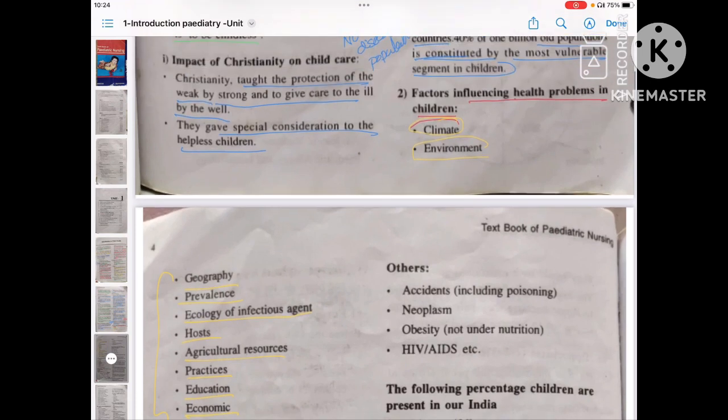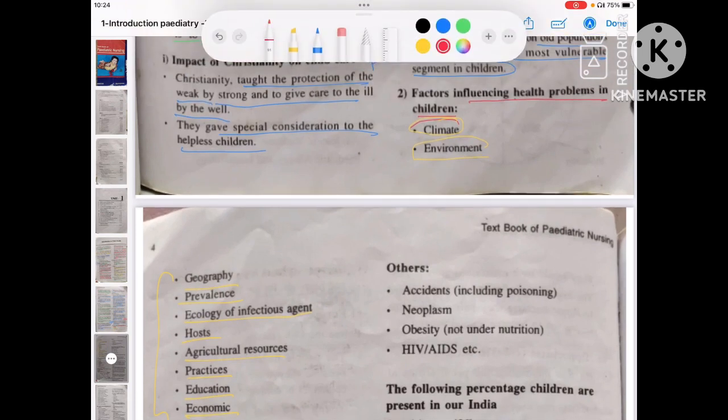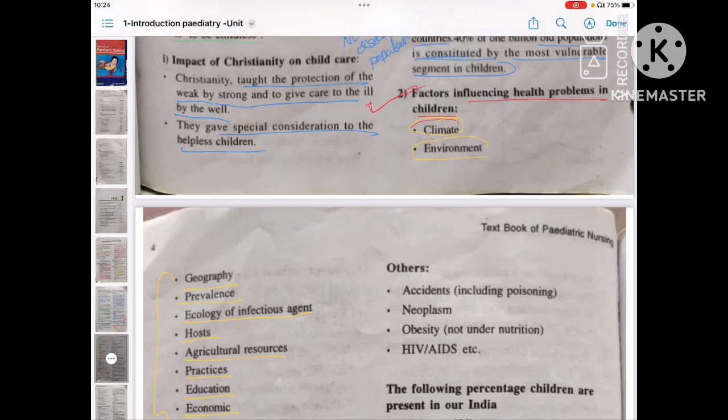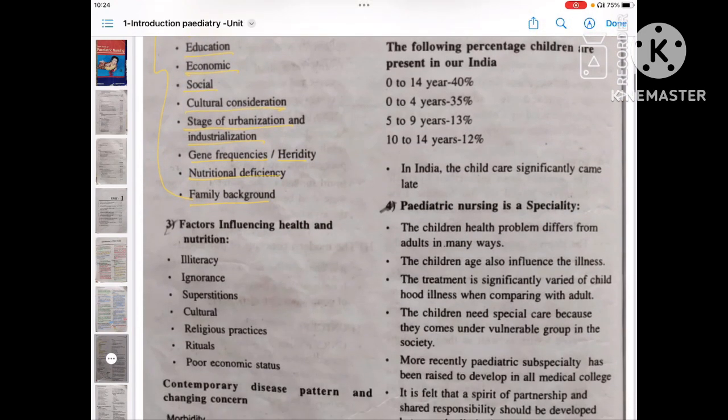These factors we have seen make children get disease or death. Next, the factors that influence health and nutrition, which can affect or improve health: illiteracy and ignorance, superstition, cultural and religious practices, rituals, and poor economic status. These are all the factors influencing health and nutrition.